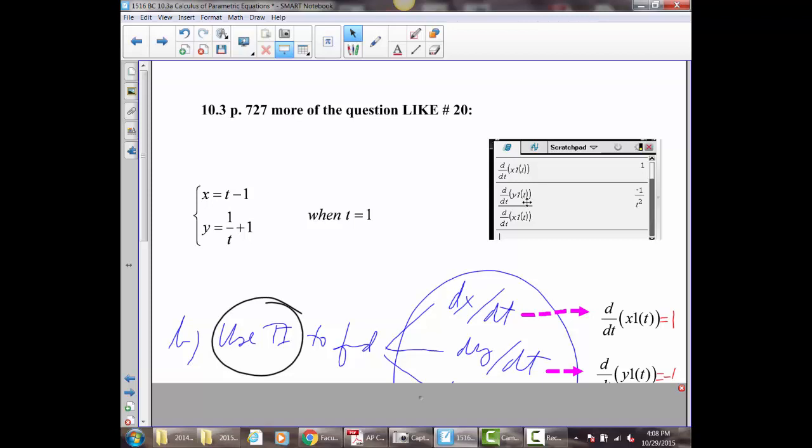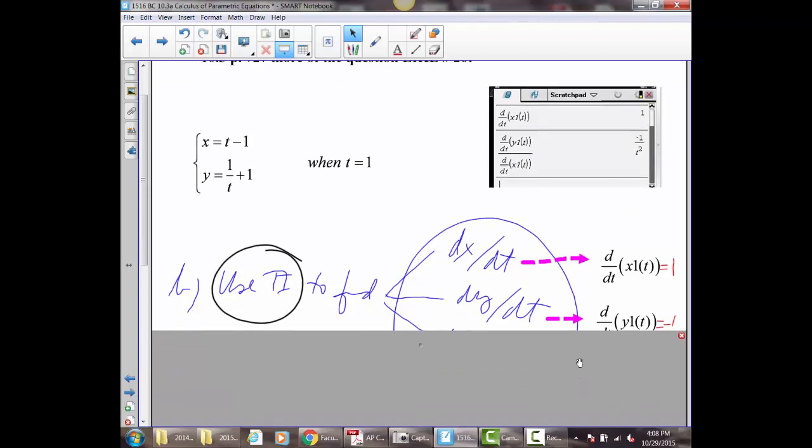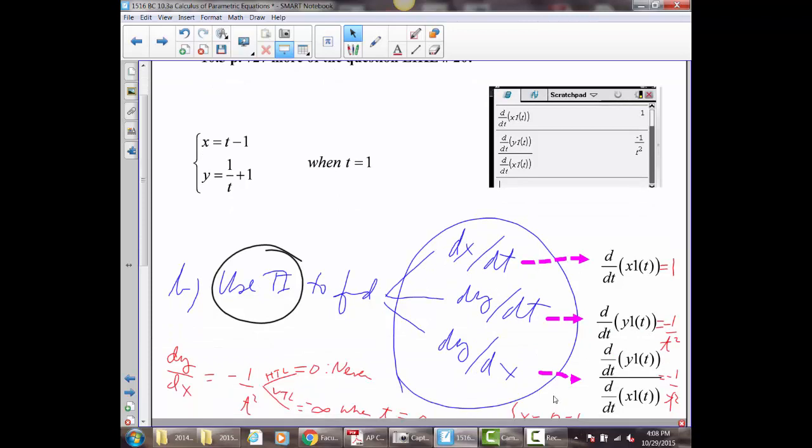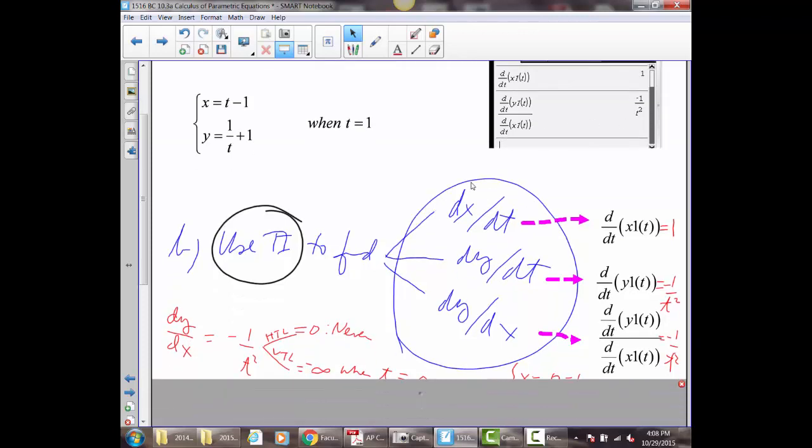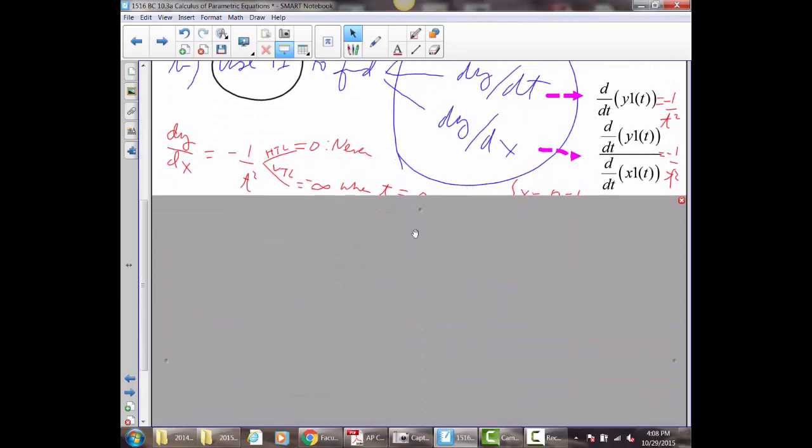If I have dx/dt and dy/dt, then I can find dy/dx, because dy/dx is dy/dt over dx/dt. So that's what I've got right here: d/dt of y over d/dt of x, and I get the answer of negative 1 over t squared.